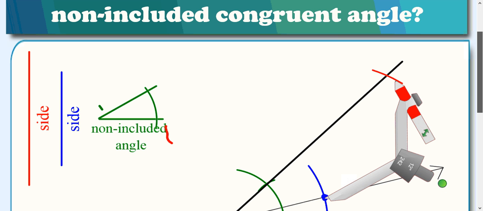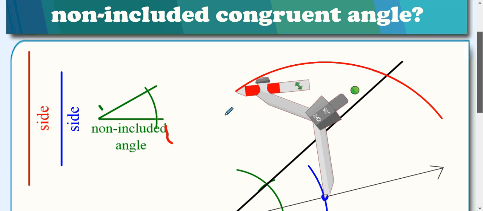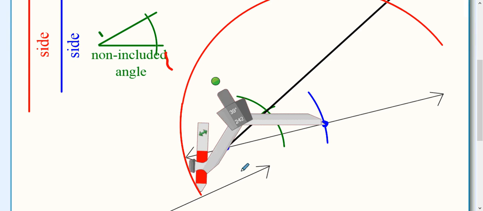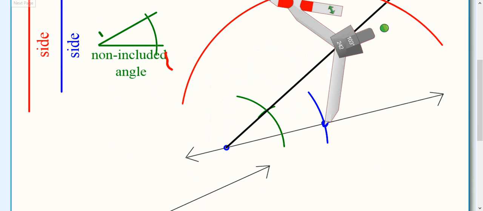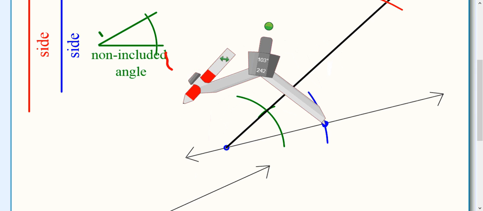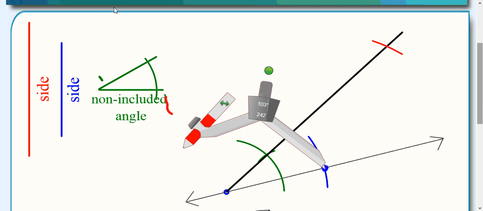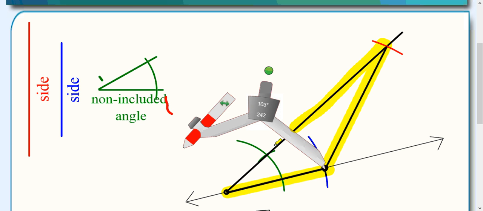You can draw more of this and see if it touches anywhere else. It doesn't. So that's our only triangle right here. So there's our triangle. Now we're going to do it again. We're going to copy the angle, and then we're going to do the red side first, because we're trying to switch it up.